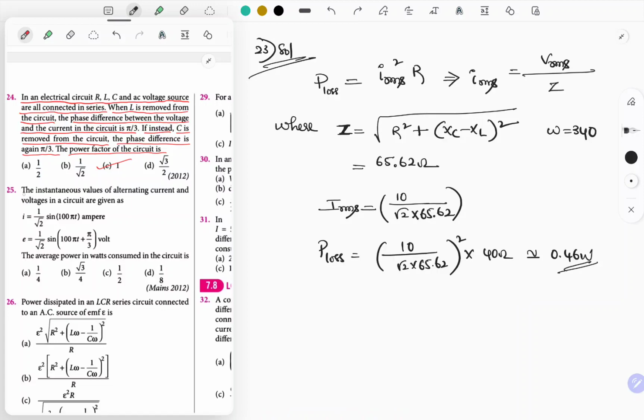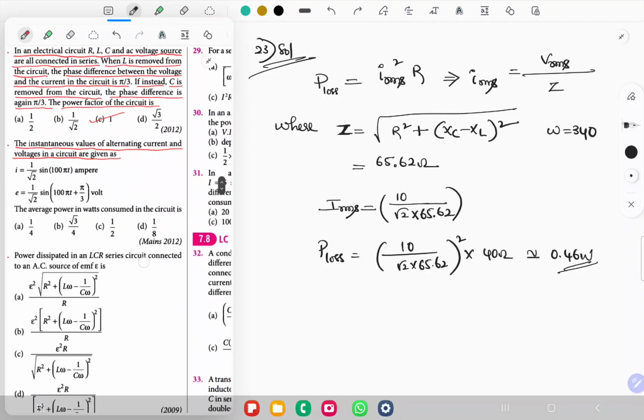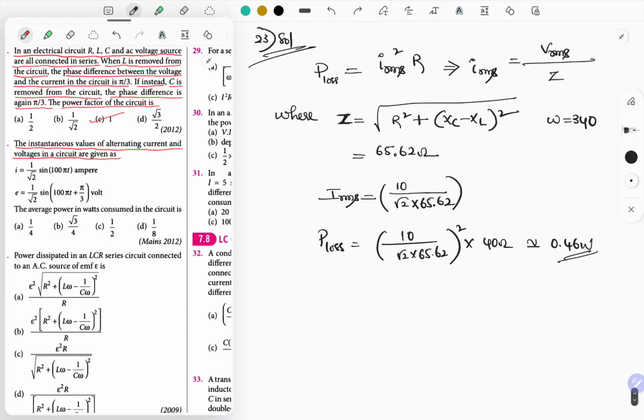Next. The instantaneous values of alternating current and voltage in a circuit are given, and we need the average power. What's the formula for average power? P average is equal to V_rms into I_RMS into cos phi. Vm and Im are known, so V_rms is Vm by root 2 into Im by root 2 into cos phi.